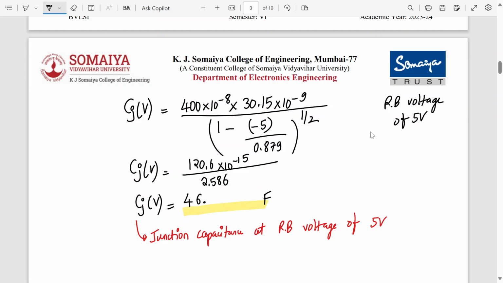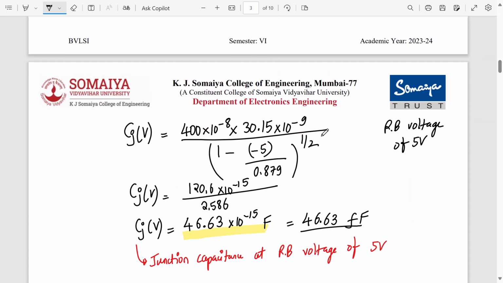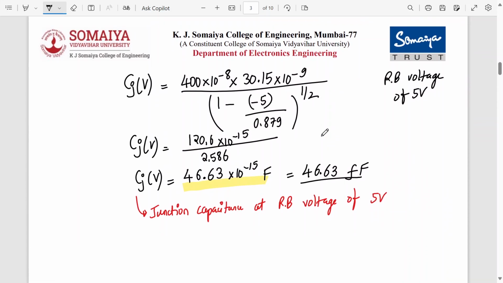So 46.6 into 10 raised to minus 15. Do you know what is 10 raised to minus 15? Femtofarad. 10 raised to minus 9 is nano, 10 raised to minus 12 is pico, 10 raised to minus 15 is femtofarad. Alright. So this is the junction capacitance at a reverse voltage of 5 volt.